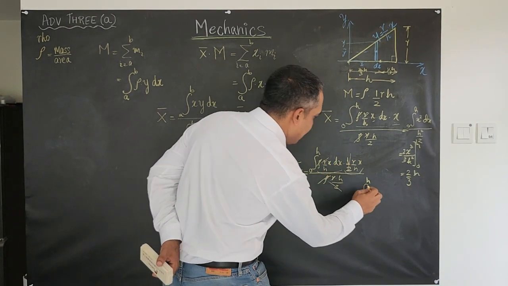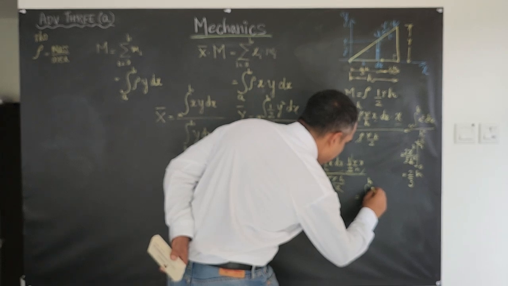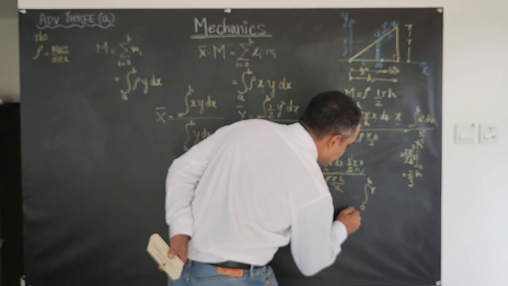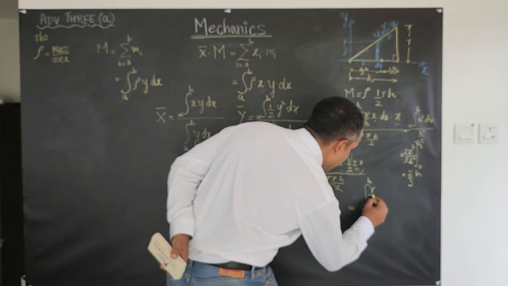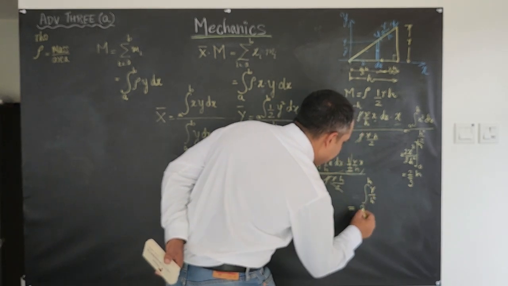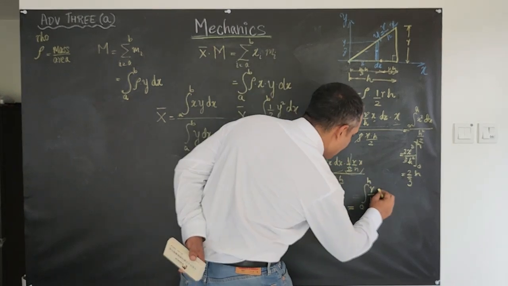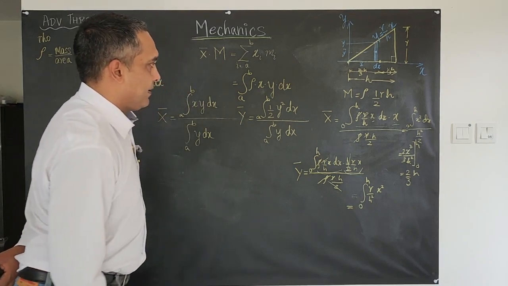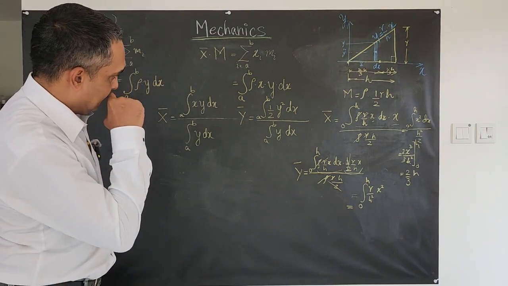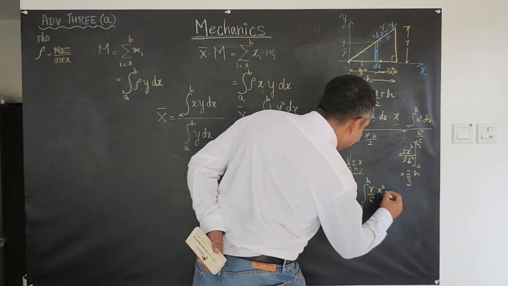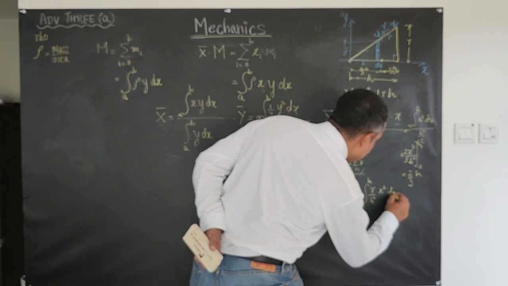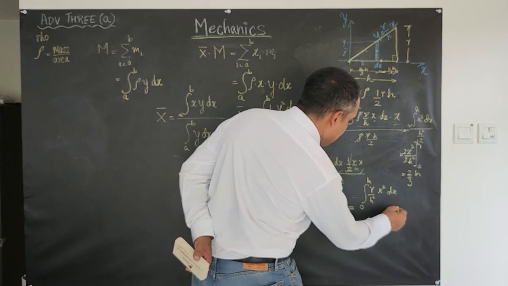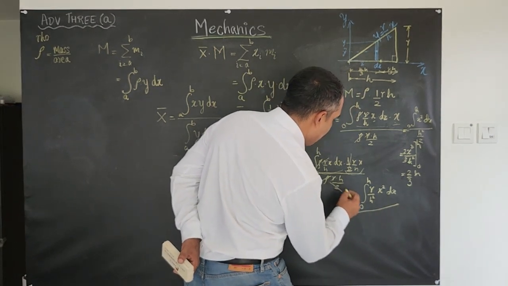Watch what I'm left with. I have an r, I have an h squared, I have an x squared, and I have dx. And here, all I have is an h.